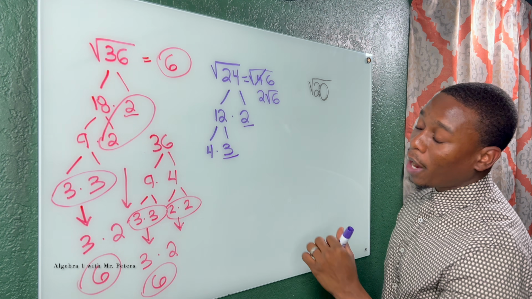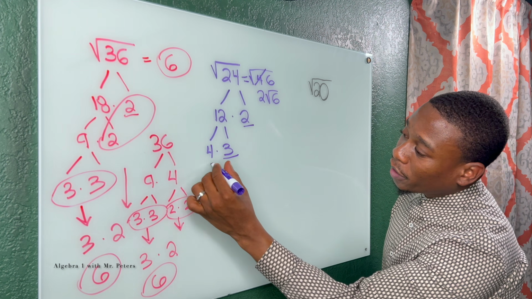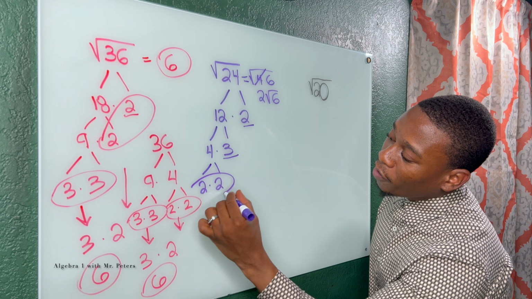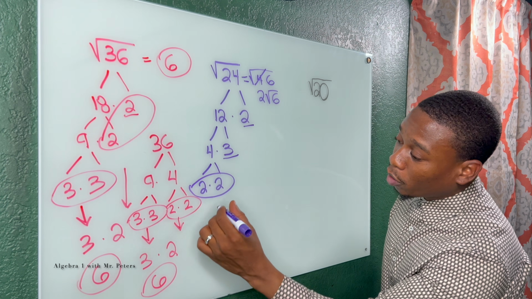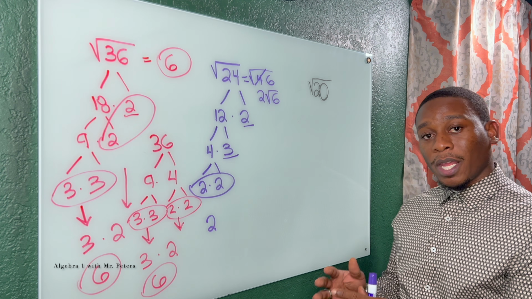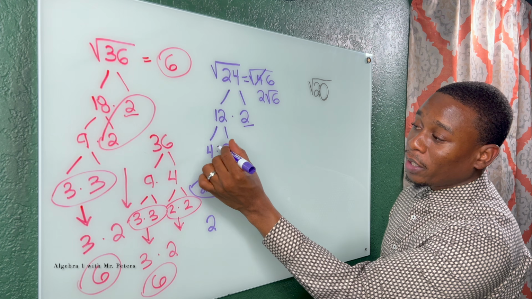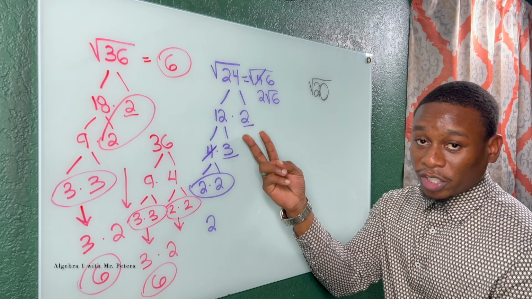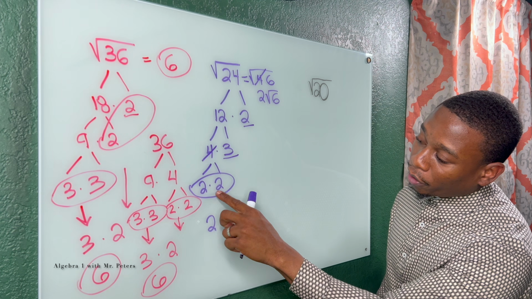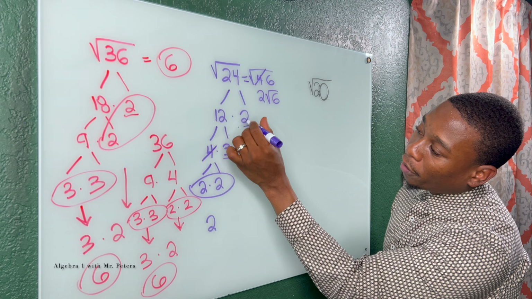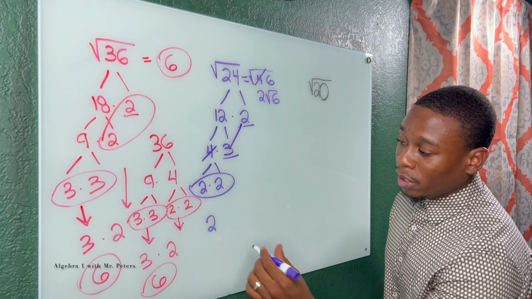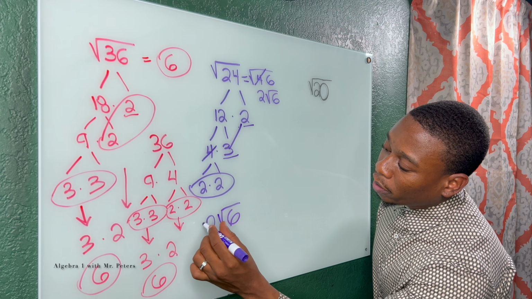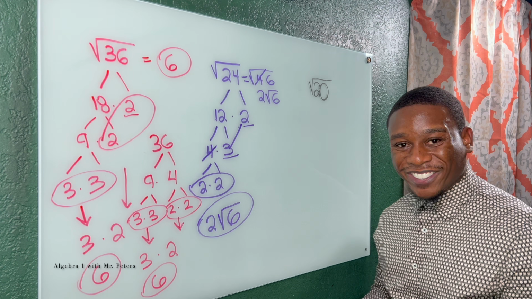We know 3 is a prime number, so we're going to focus on this 4, which will break down to 2 times 2. So we have a pair here, right, which we could pull out as 2, and then what's left over? We're not paying attention to 4 because we broke that down. We're paying attention to the end branches. So we have this 2 right here from these two, and then we have this 2 and this 3. So once we multiply that together, it's going to stay under the radical as 2 radical 6.